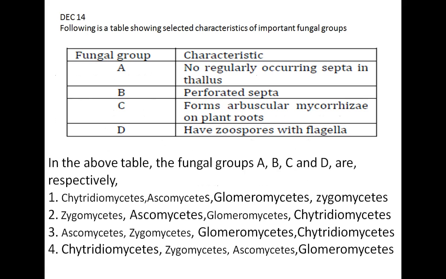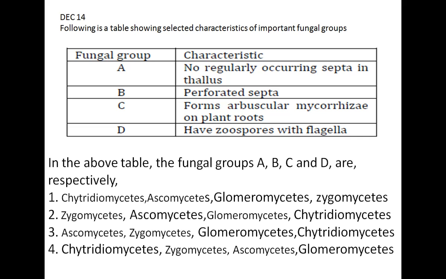Now, this is the question from December 14. Following the table, in the left column there are the fungal groups, and in the second, the characteristic. No regularly occurring septa in the thallus means zygomycetes. Perforated septa means either basidiomycetes or ascomycetes, depending on the type of perforation.